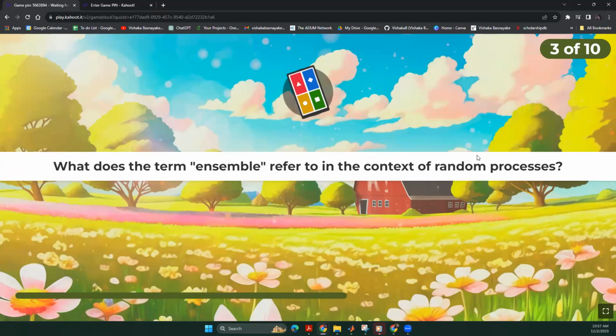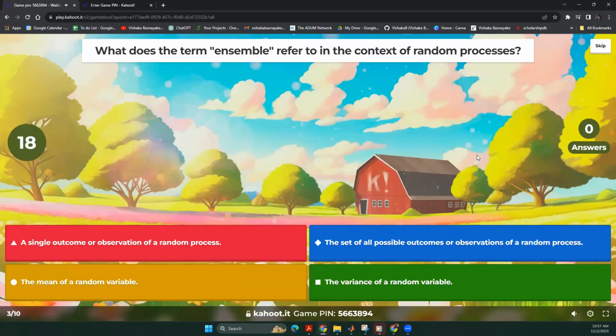What does the term ensemble refer to in the context of random processes? A single outcome observation of a random process, the set of all possible outcomes or observations of a random process, or thirdly, the mean or the variance of a random variable.